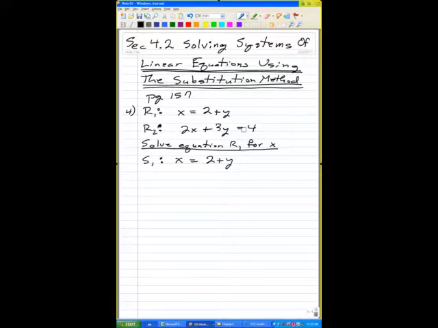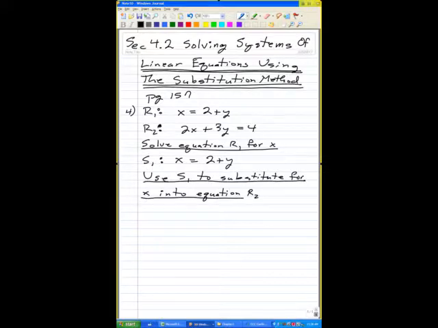So I will use equation S1 to substitute for x into the equation R2. So I have not used R2, so I will substitute in this case for x into R2.